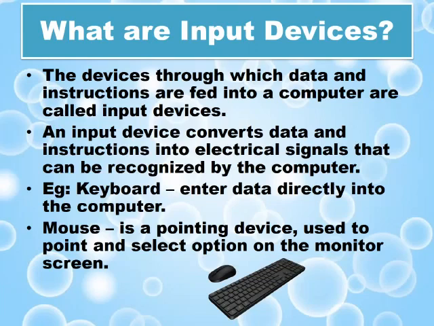We use the keyboard for entering data directly into the computer. And a mouse is a pointing device used to point and select options on the screen.